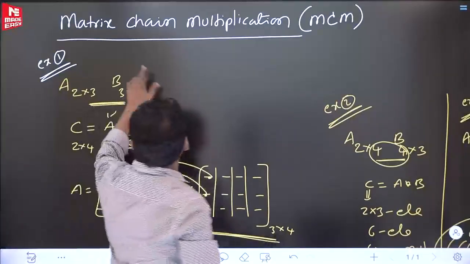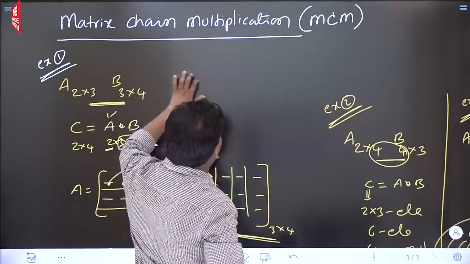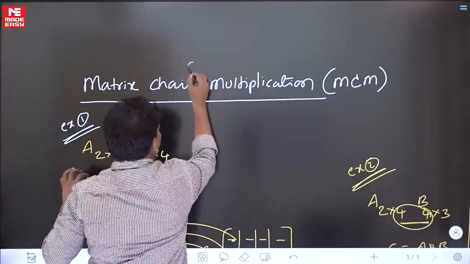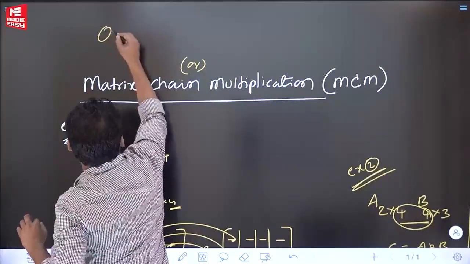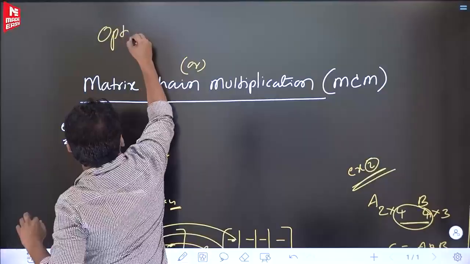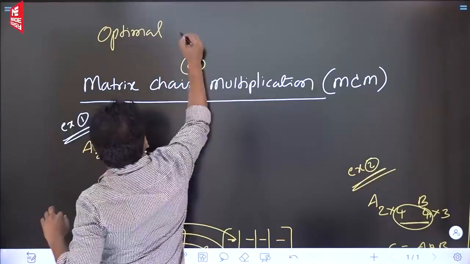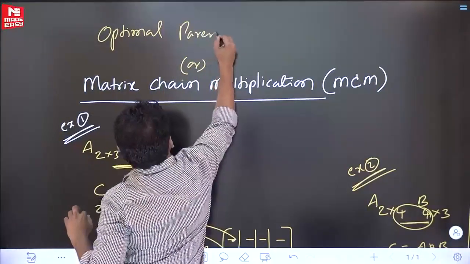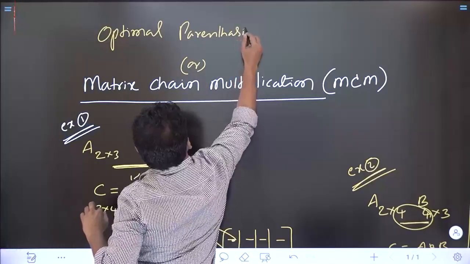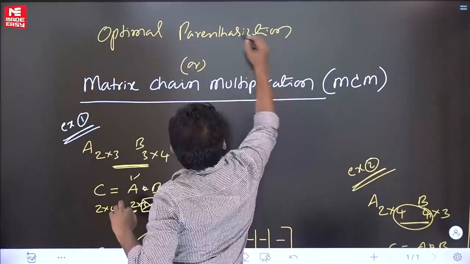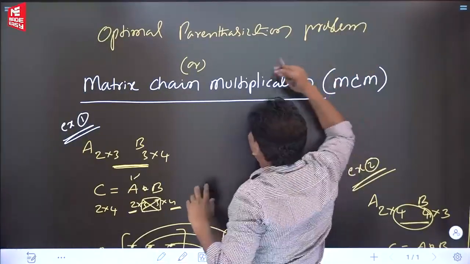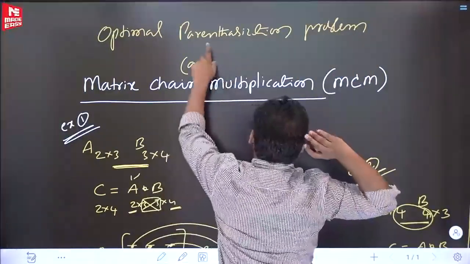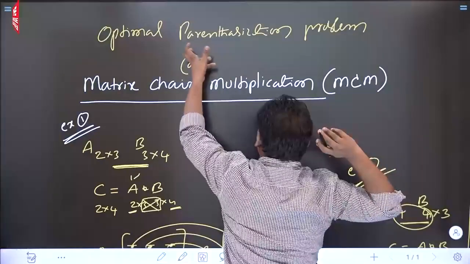Because of this reason, another name for matrix chain multiplication is optimal parenthization problem. Parenthization is nothing but parenthesis, meaning brackets.